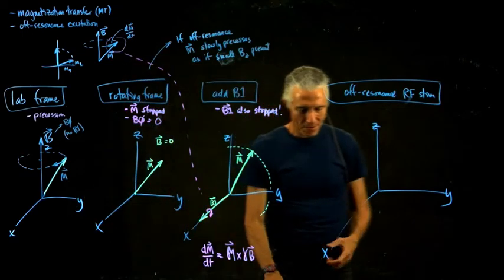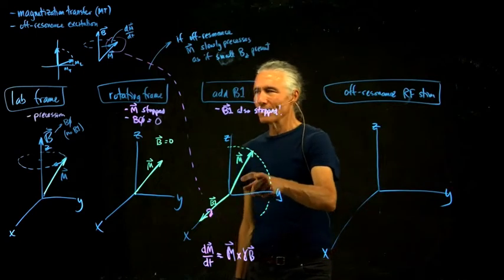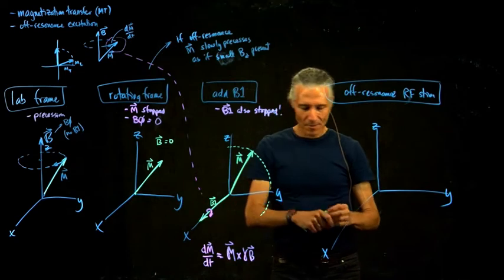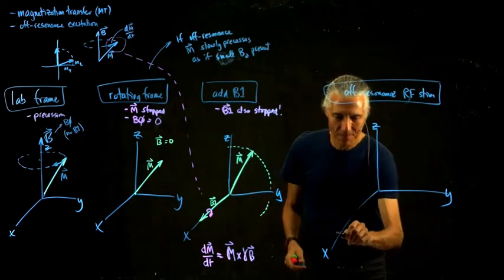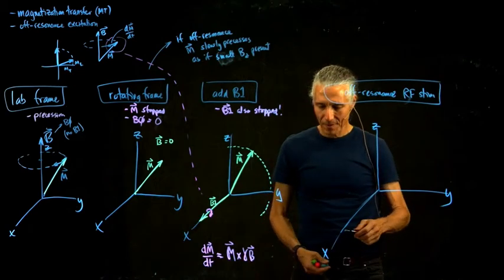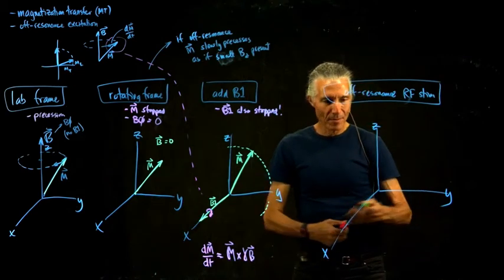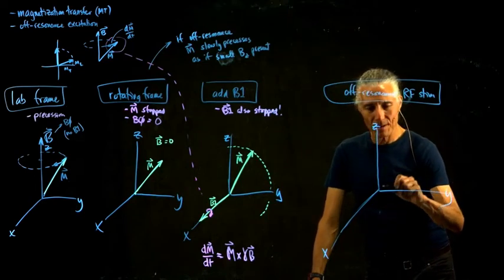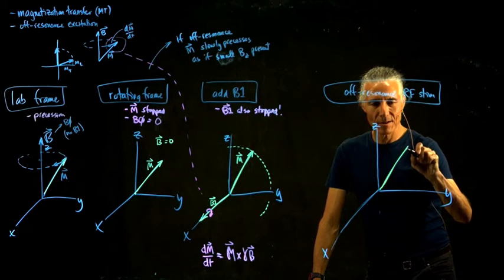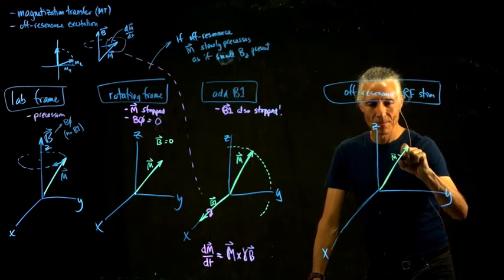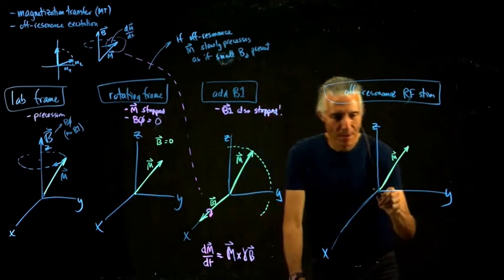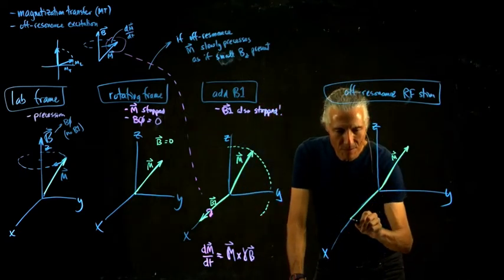And so what does that do to our flip here? What it does to the flip is, let's draw a more complicated picture now. So now we've got our M vector, just like we had it before. Here's our M vector, and then here's our B1 vector, the same one as before.